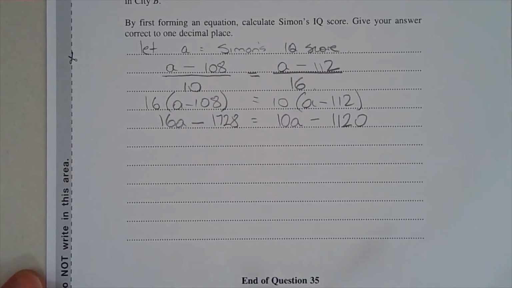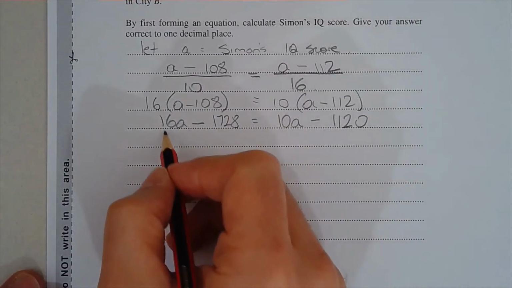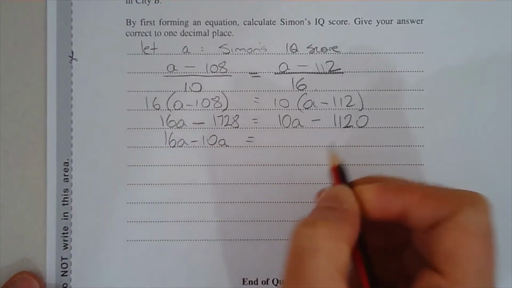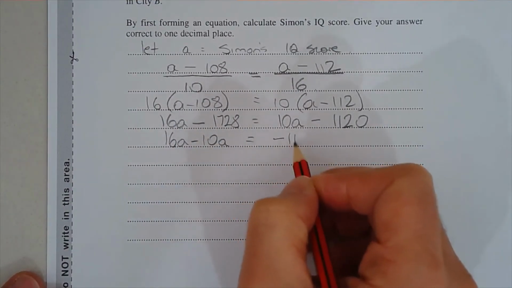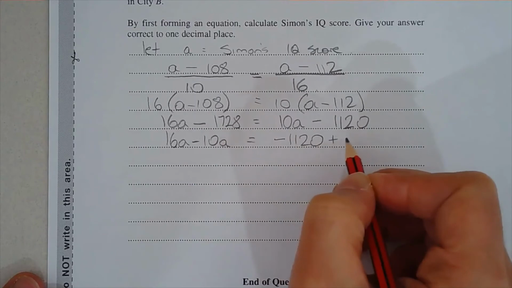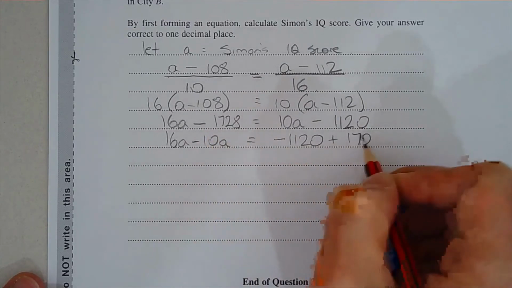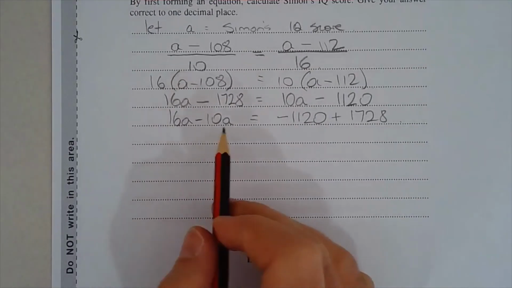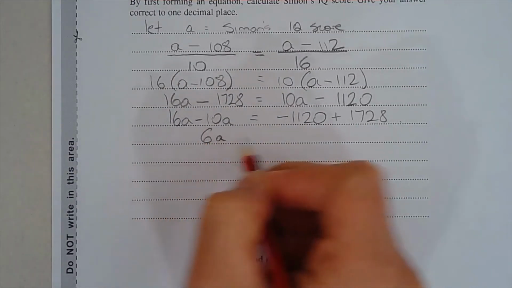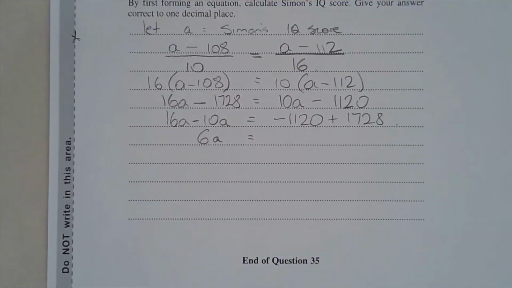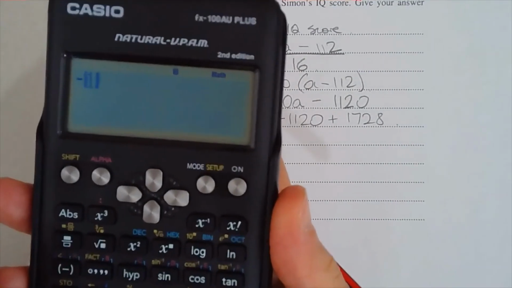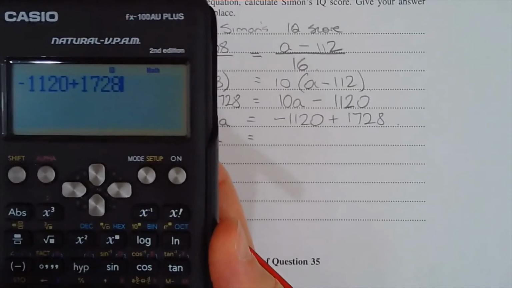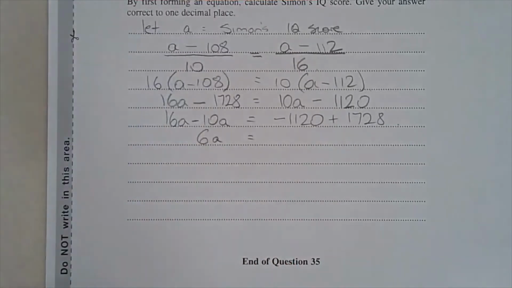Now let's collect the like terms, so 16A minus 10A is equal to negative 1120 plus 1728. It's just algebra really from this point on. 16A minus 10A, that's 6A, and negative 1120 plus 1728 is equal to 608.